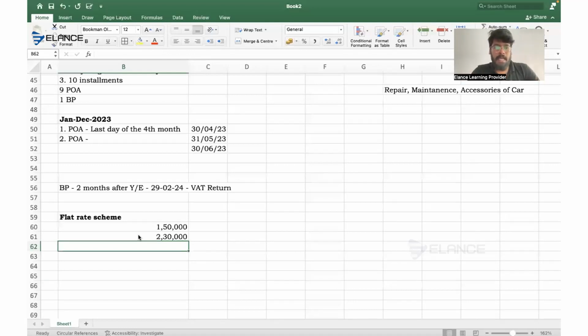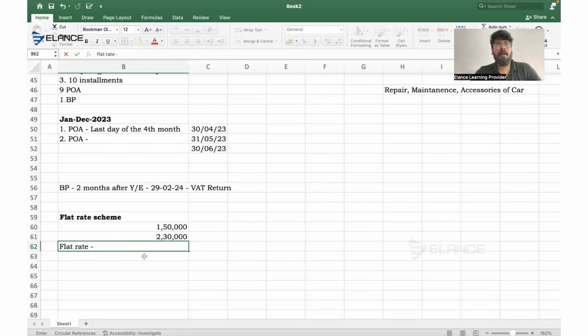And the speciality of the flat rate scheme is that at the time of joining the flat rate scheme, we'll get a flat rate, depending on the sector we are working with. For each and every sector, there's a fixed flat rate percentage.